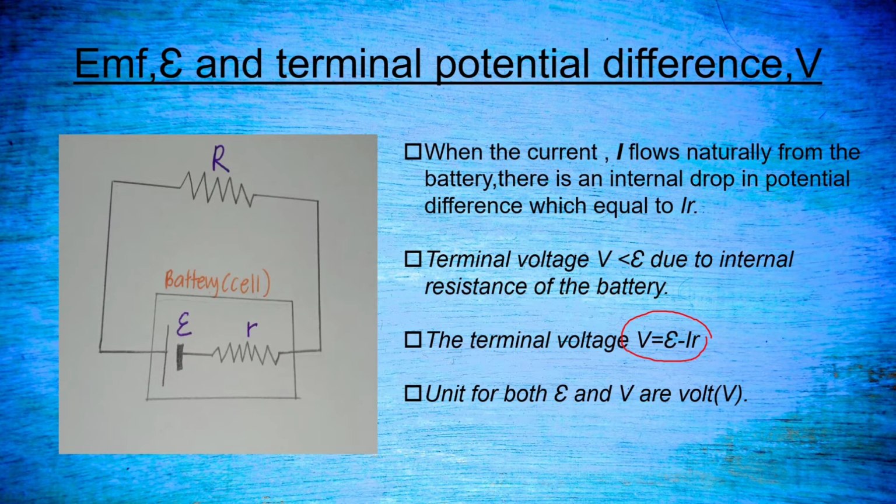So we have to remember that a battery, dry cell or wet cell has internal resistance, not a power supply. The unit for both EMF and voltage is volt. Okay, moving to the next slide.